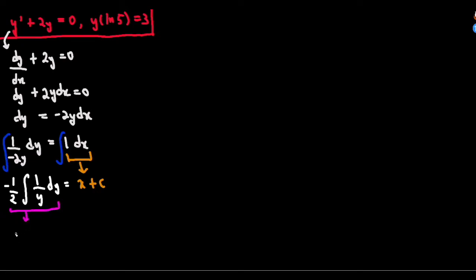This is just going to be minus the half times the antiderivative of 1 over y, which is the natural log of the absolute value of y, plus c, equals x plus c.